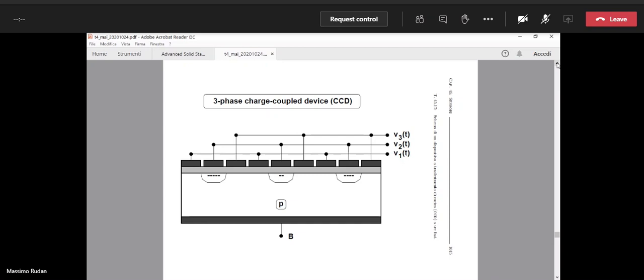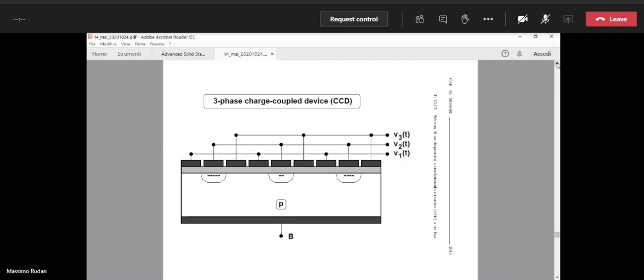So if you fill the well, you have a 1. If you don't fill the well, you have a 0. That's easy, okay? Actually, they tried to implement memories, but that was not so successful. The other architectures of memories that you have seen in other classes have been much more successful than this, okay? So applications to memories were not successful.